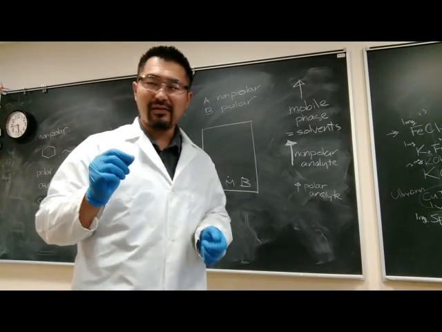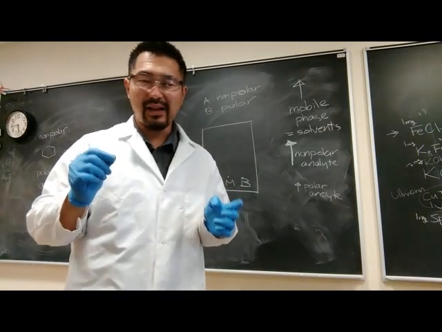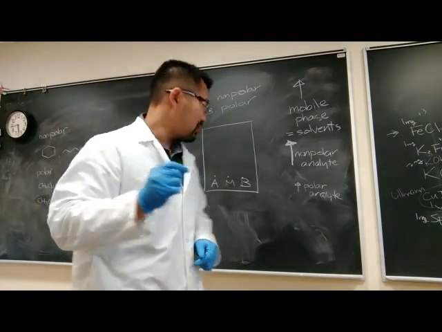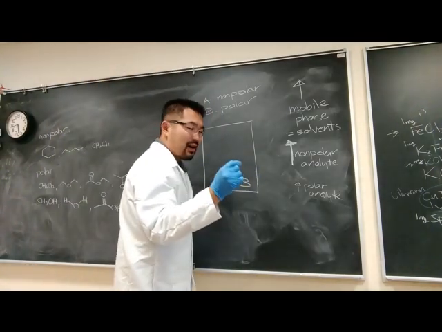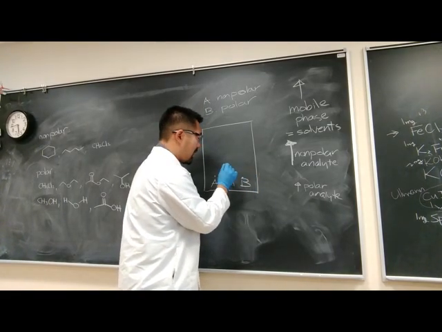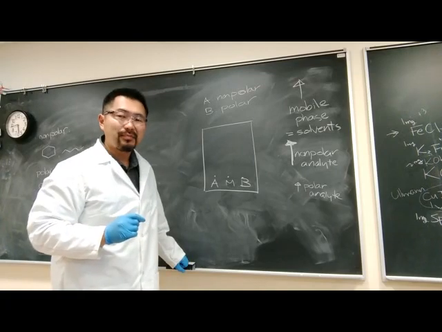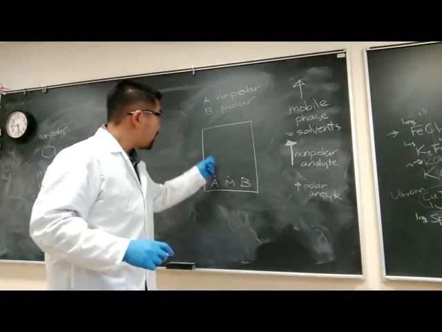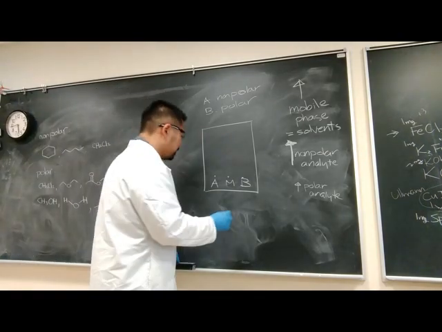You might want to do that about twice to ensure that the inside of the capillary is clean, to avoid any cross-contamination. Then you will take a sample of solution B and dot it on the dot B, as well as the mixture dot. Now, remember that A is more nonpolar than B.